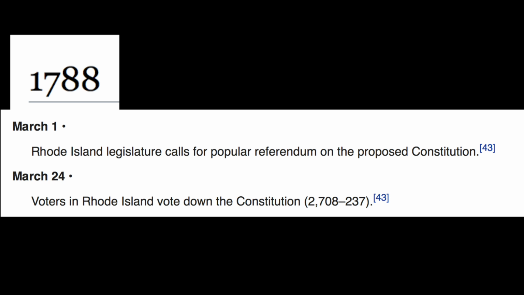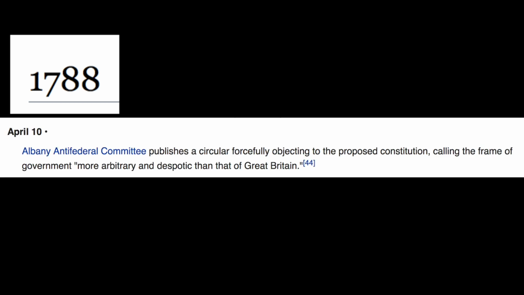Then on April 10th of 1788, an Albany Anti-Federalist Committee published a circular forcefully objecting to the proposed Constitution, calling the frame of government more arbitrary and despotic than that of Great Britain. And I'm going to go over this in another video.